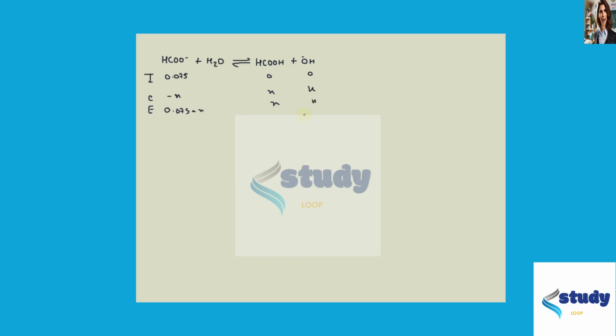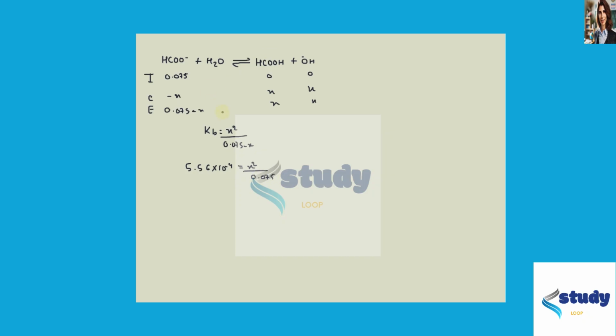We can write the Kb here, that is equal to x square by 0.075 minus x. We can neglect the minus x here, so we can write Kb, that value is 5.56 into 10 raised to minus 4 is equal to x square over 0.075.